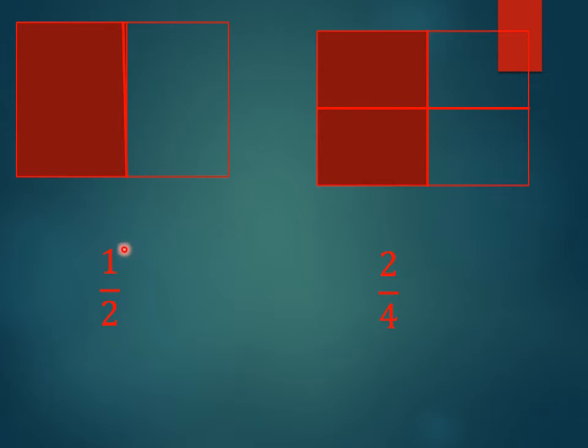Look at the relationship of the numerator and denominator here: the denominator is multiplied by 2, and the numerator is also multiplied by 2. These two are equal quantities but different fractions. Then half and 2/4 are equivalent fractions.